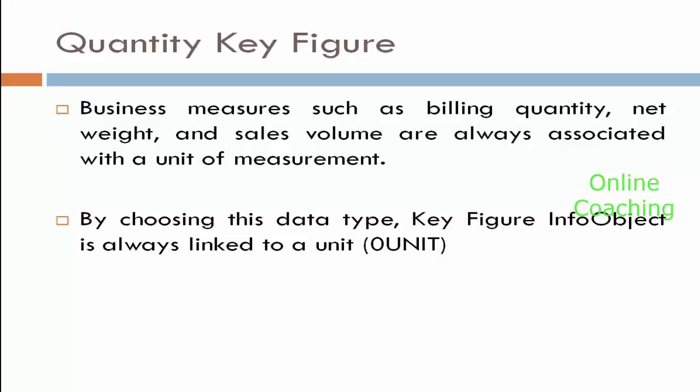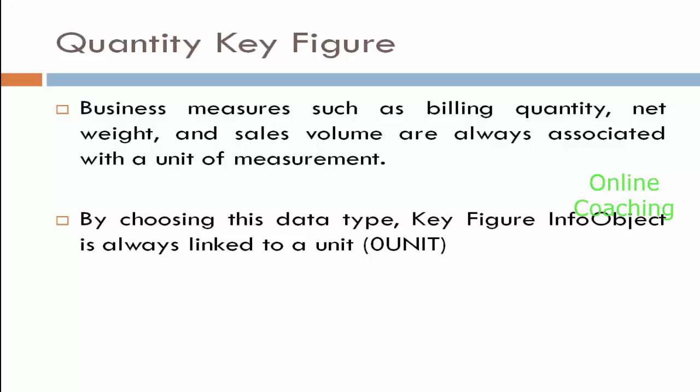So always the unit will be associated with the quantity, just as the currency is always associated with the amount. If you're talking about a quantity, I have to talk about a unit of measurement. If you go to a shop again and want to buy sugar, I say I want 1 kilogram of sugar.